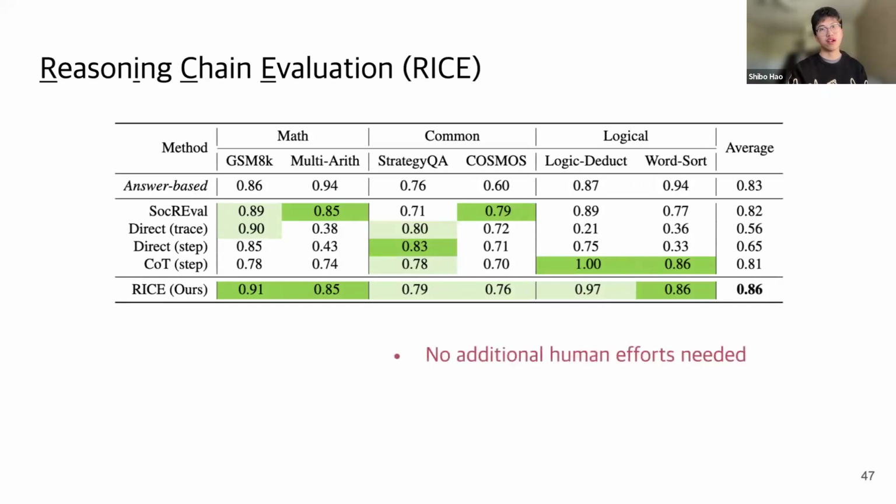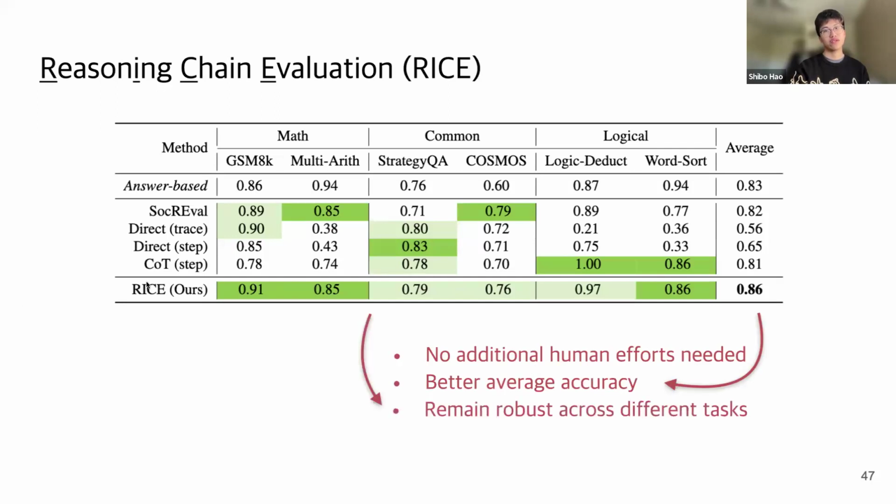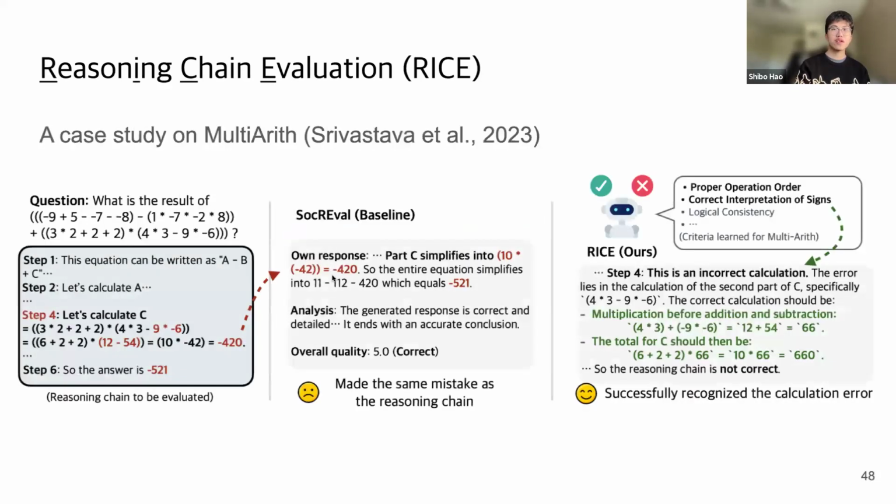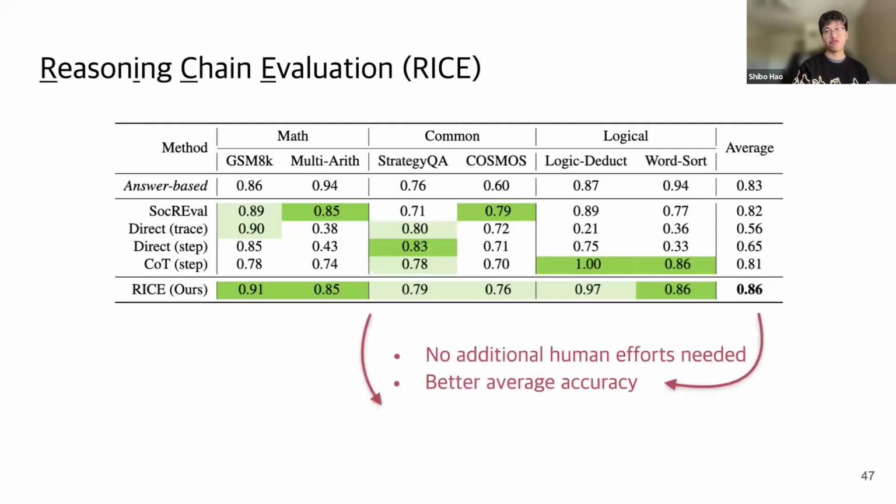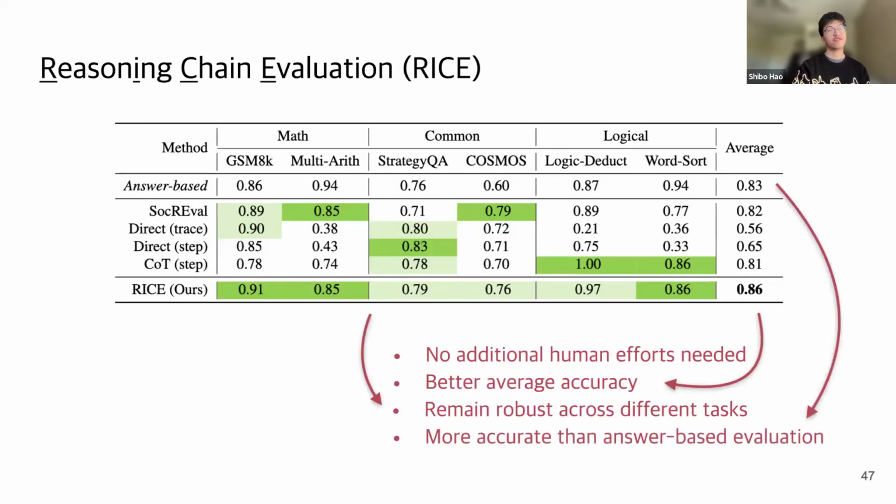First we want to highlight that RISE doesn't take any additional human effort, and we observe a better average accuracy across different tasks, and it remains robust across different tasks. And sometimes it even outperforms the answer-based evaluation, which is what most papers use, where they check whether the final answer is correct.